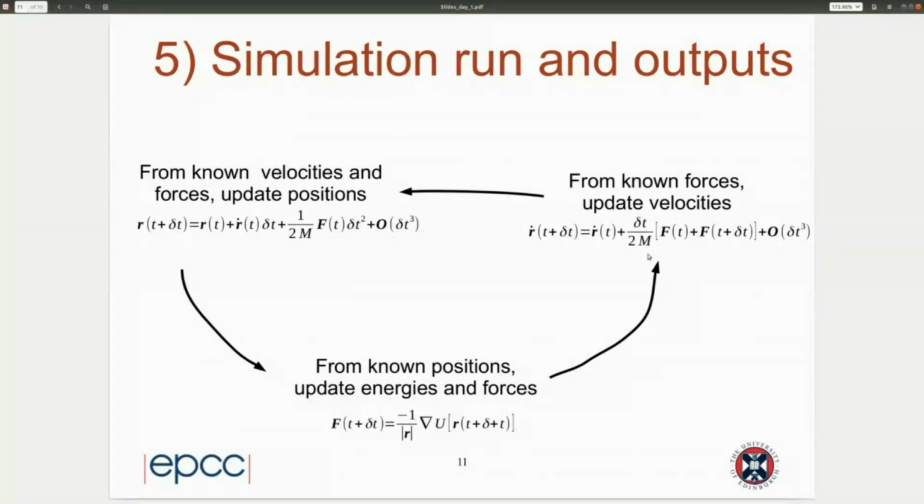This is the normal Verlet algorithm. The way that LAMMPS does this is by using a velocity Verlet algorithm, which is exactly the same as here, except instead of considering everything from a position point of view, you try to solve all of these equations from a purely velocity point of view. The reason why LAMMPS does that is because they have found that this method gives more stable simulations.